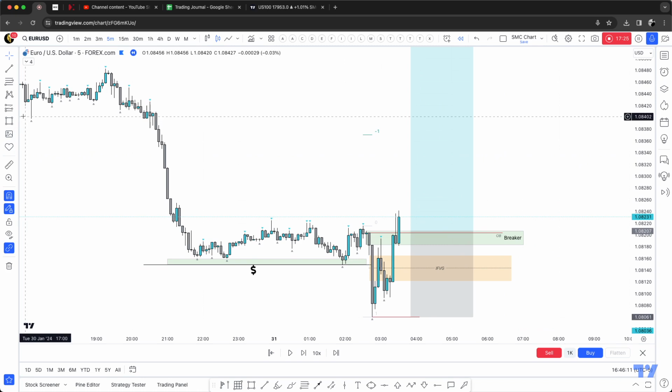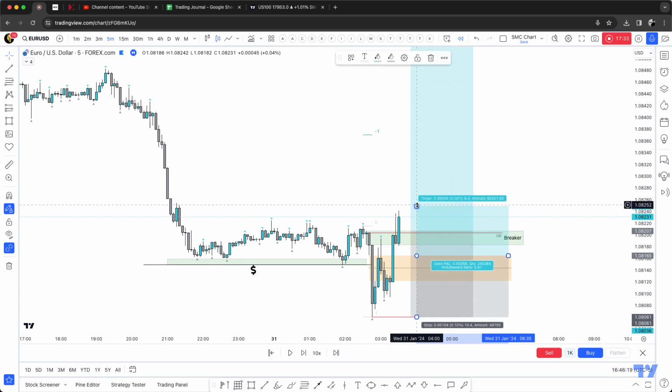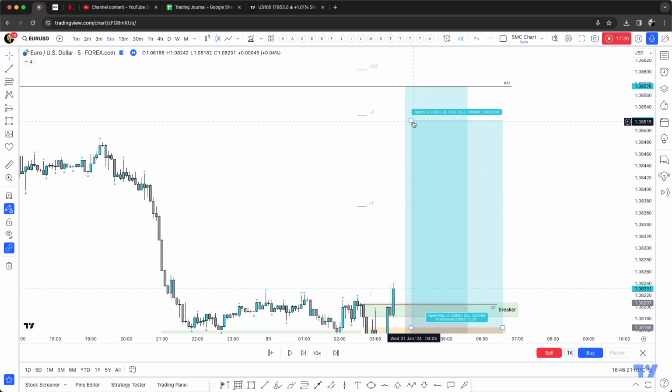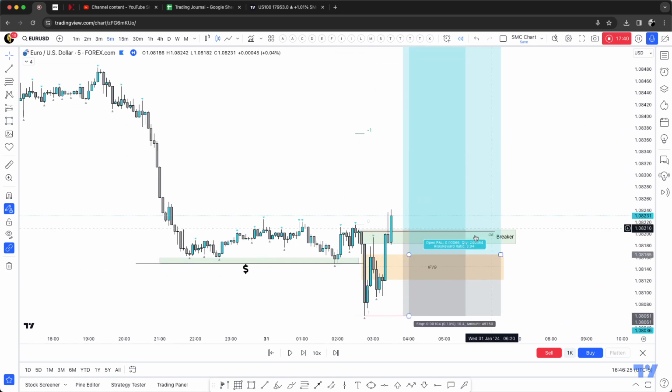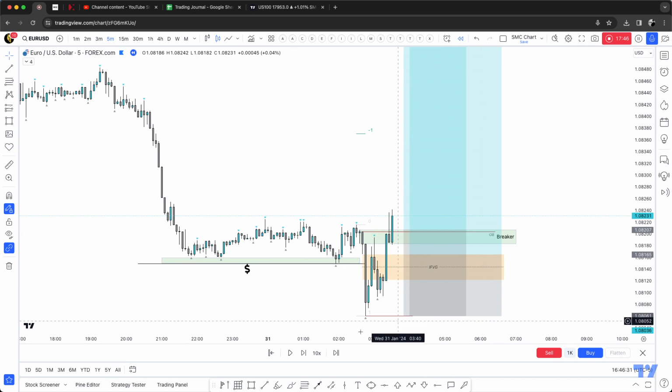If you want to make another entry, you could place another buy limit order right there, stop loss right here, and then take profit all the way up. If you have fear of missing out, you don't want to miss the first position, well, mark it up right there. So, anyways, let's see what's going to happen.